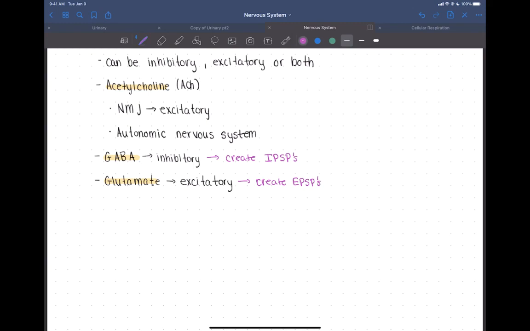Your chapter notes also talk about things like noradrenaline, dopamine, serotonin, nitrous oxide, which are also all neurotransmitters and have slightly different functions. So familiarize yourself just to the extent that's mentioned in your chapter review notes.